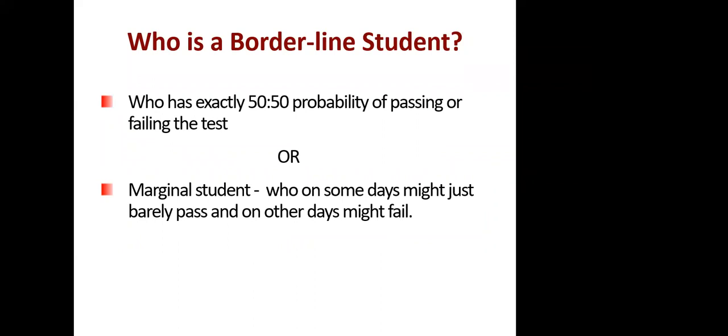It is also described in the literature as a marginal student, a student who on some good days will pass and on other days may fail. So a student just on the margin, on bad days will fail, on good days will pass. You are not too sure if he is a failing student or a competent enough student. It is just on the border. That is the kind of student who is a borderline student.